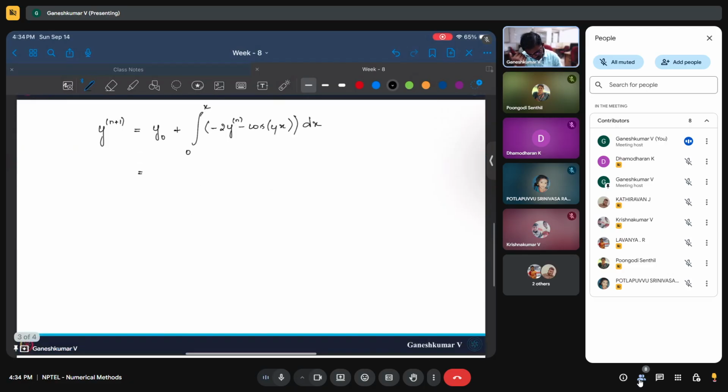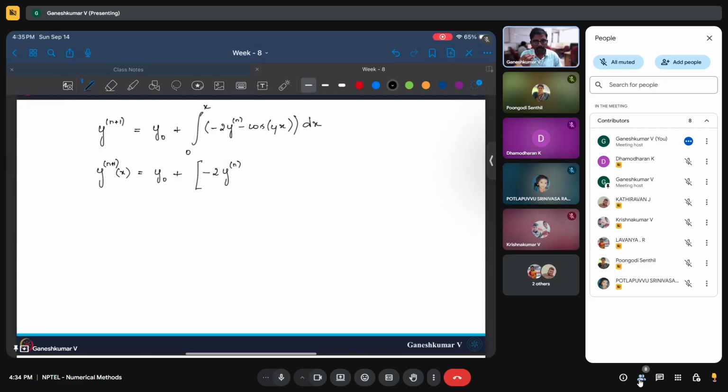So y at n plus 1 as a function of x equals y naught plus, we haven't substituted the 0.4 yet, 2 into yn. Here yn is a numerical value, a constant.